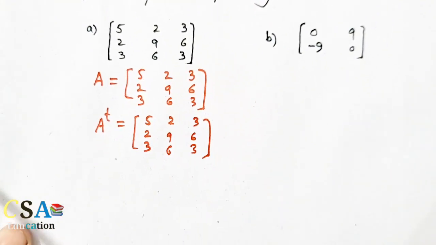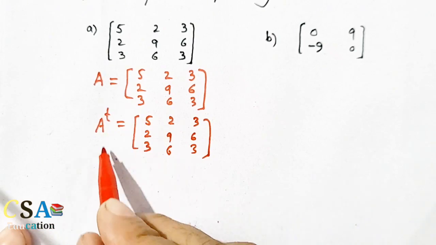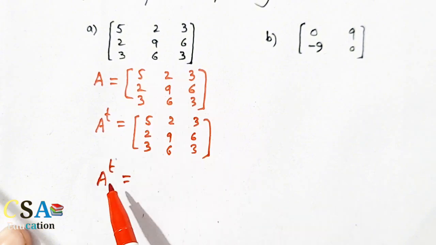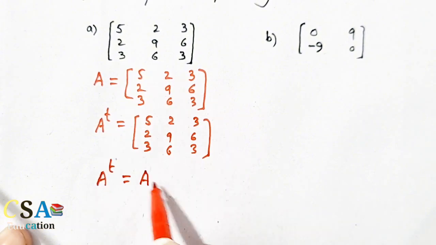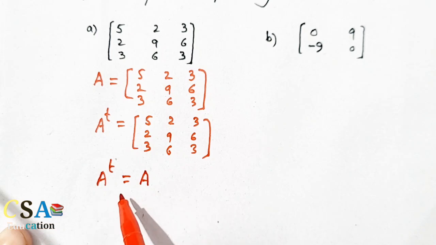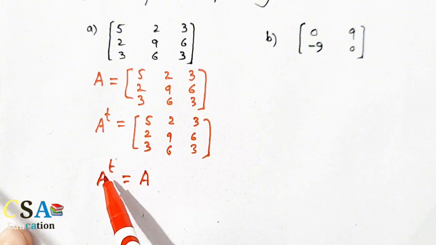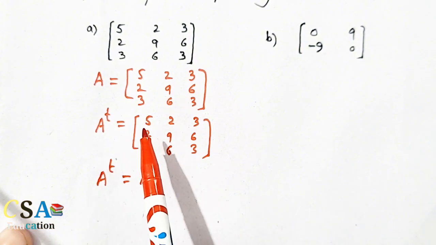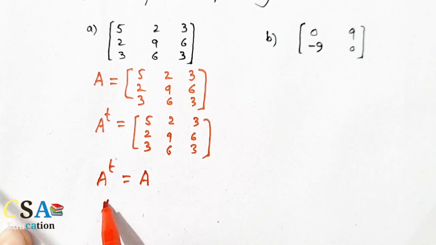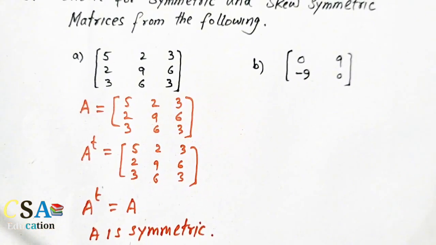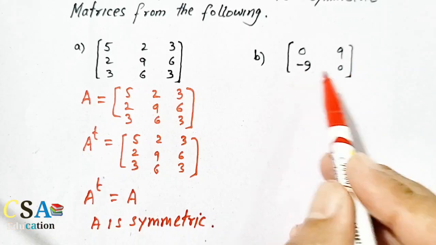Dear students, you note that A transpose is the same as A. So if we take the transpose of any matrix and the transpose of that matrix is equal to itself, then we can say that this matrix is a symmetric matrix. So A is symmetric.